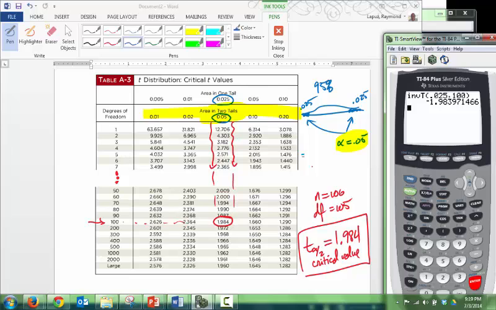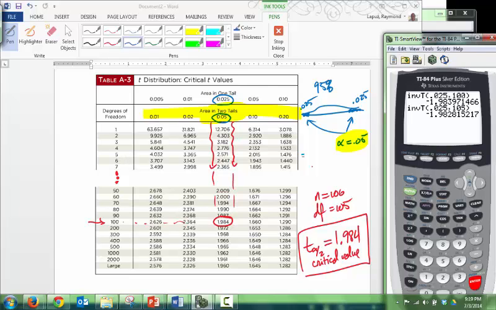I want to try something else. Instead of 100, I'll put 105, and I'll see what the difference is. And we'll see that when you get up that high, the difference isn't going to be very big anymore. This is fairly close. Rounding off to 3 decimal places, we're going to have different answers.